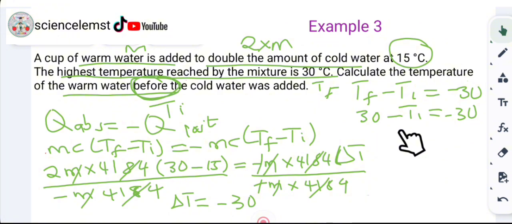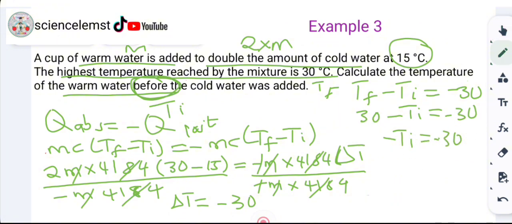Remember the three mathematical skills? Transpose, cross multiply, divide. Because there's a negative in between, I'm going to transpose. Who am I going to transpose? I'm going to transpose the 30. Then I'm going to have negative Ti is equal to negative 30. Remember, when we transpose, the sign changes. So it was positive this side, so when we transpose it, it's going to be negative.